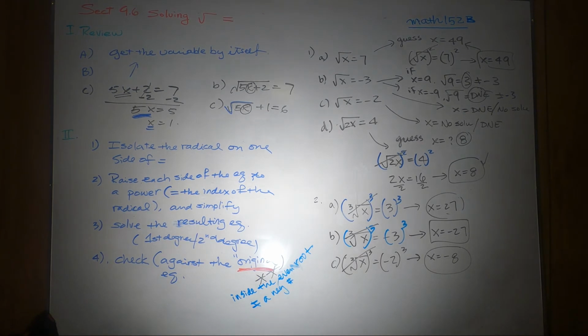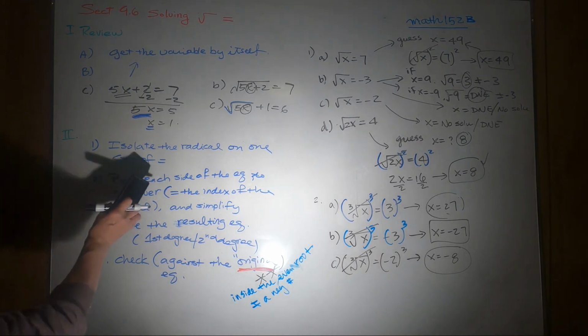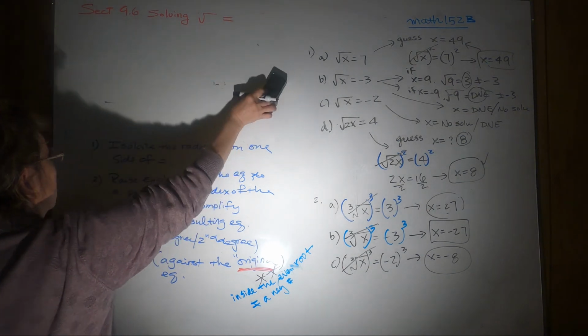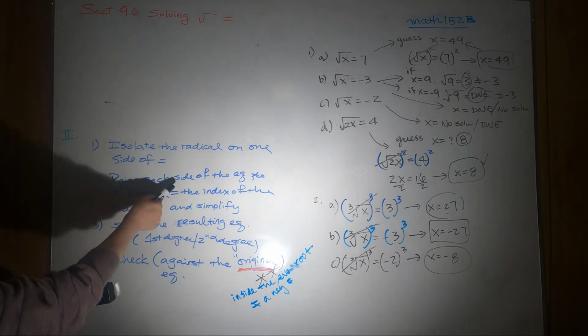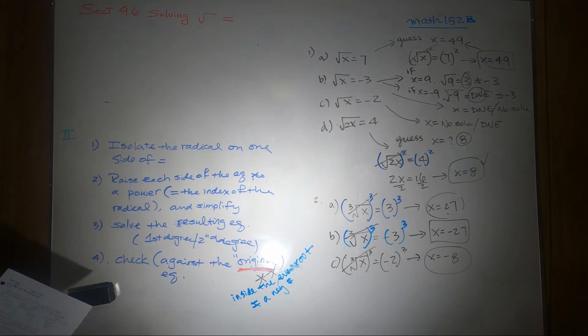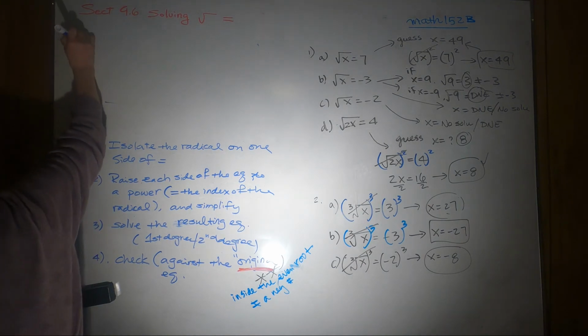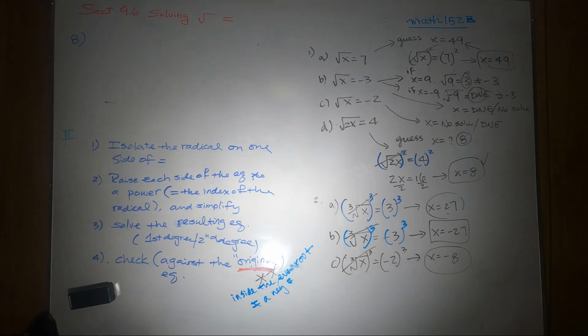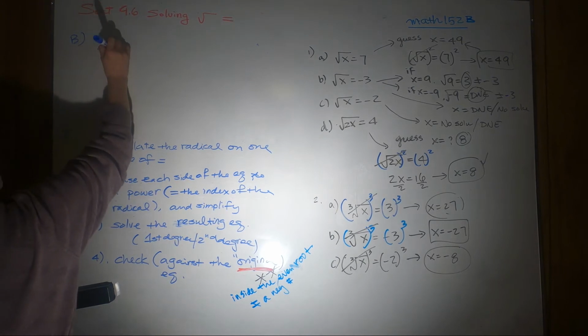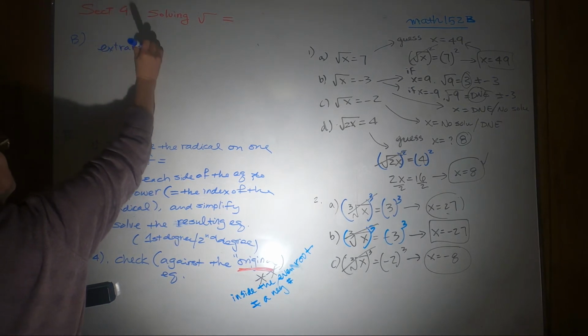So what you need to do is you need to isolate the radical on one side. Okay? Then raise the power on each side, then simplify it. Okay, solve it. However, sometimes you will have a situation like this. Then you will have something strange happen, it will not work.